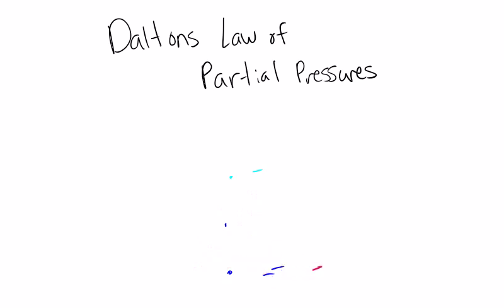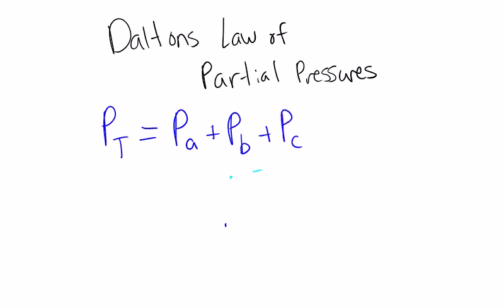And that comes in formula form, which is pretty simple to write down, so you need to go ahead and try to remember this. The pressure total, I'm just going to write a T for total, is equal to the sum of all of the parts. So you might have 3 parts, and we would write it as this, where A, B, and C are variables, and the capital P stands for pressure.